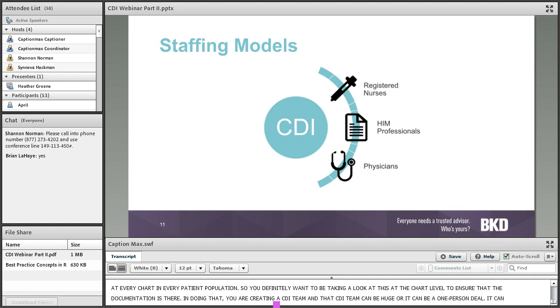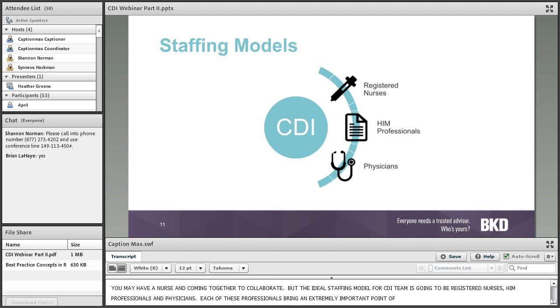In doing that, if you're creating a CDI team, that CDI team can be huge, or it can be a one-person deal, and it can be part FTEs. You may have a nurse and a CDI person coming together, and they're working together to collaborate.